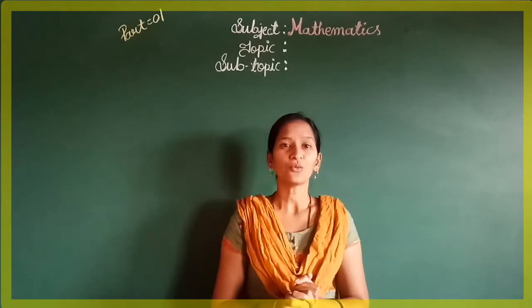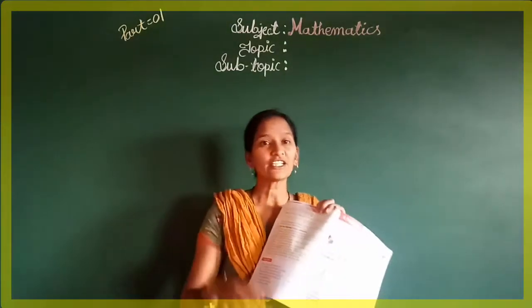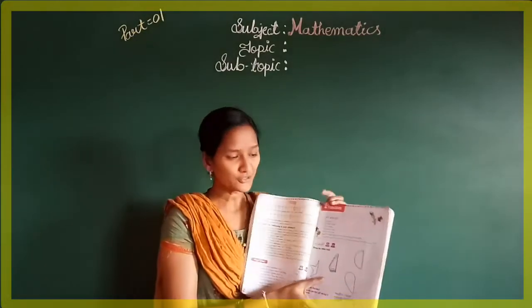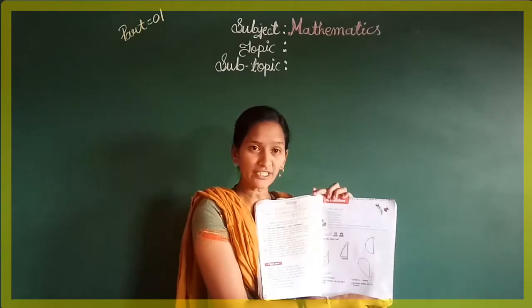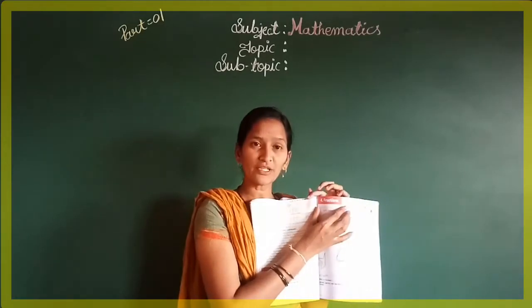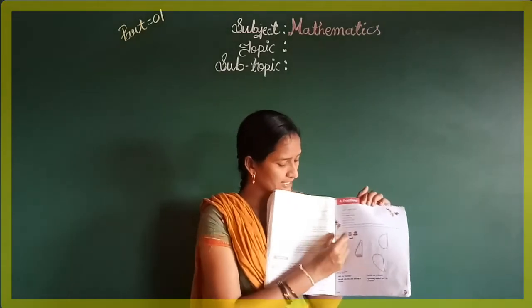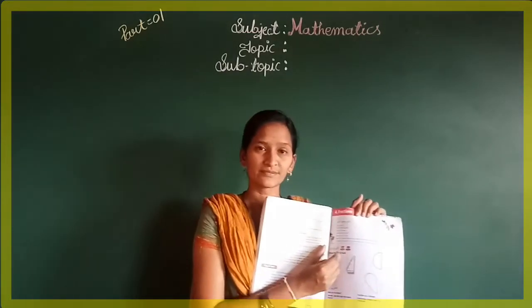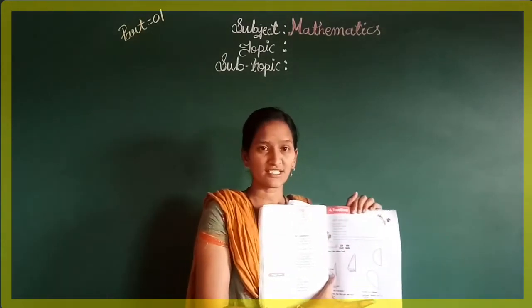So all of you once again open page number 115 in your textbook. So my dear students, look here. Here is page number 115. Here is your fourth chapter, that is fractions. Okay students, look here. Here is a let's recall part. In that part, they gave some pictures.